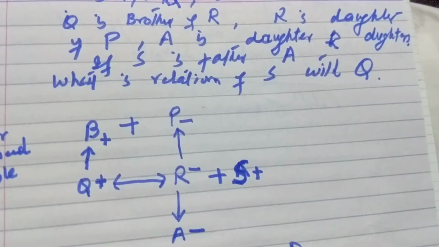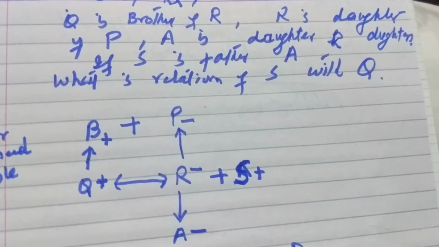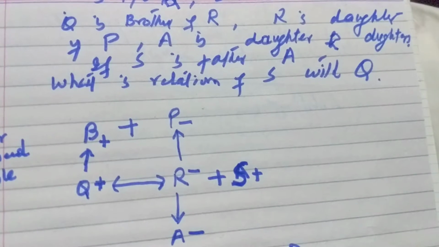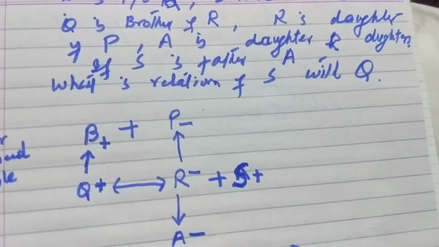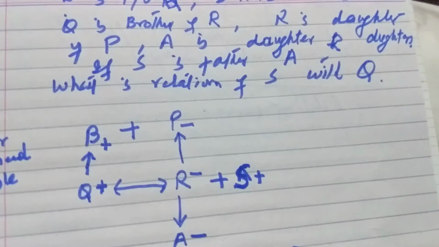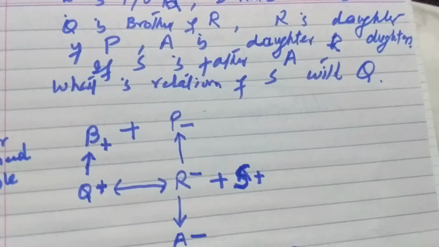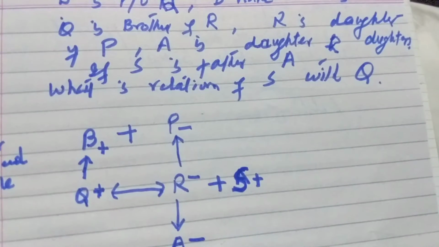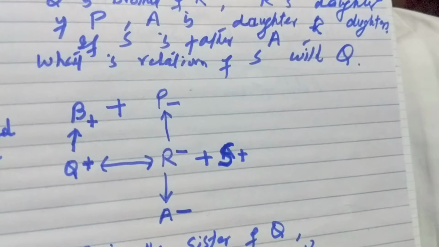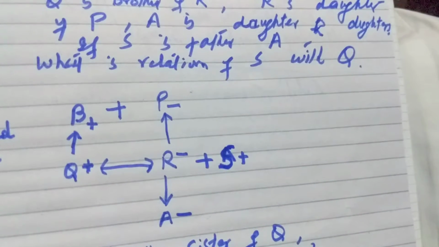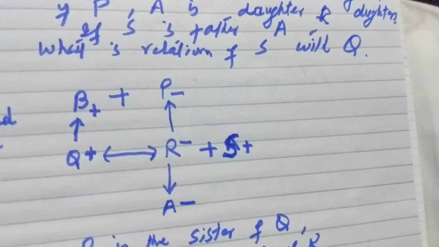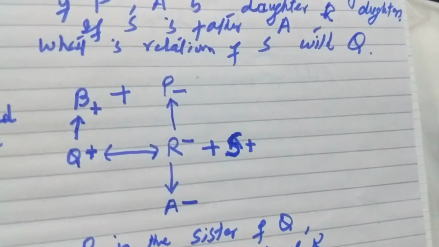So B and Q and R are brother and sister, and B is their father, so P must be their mother. So P will be shown with negative sign with upper arrow. Now A is daughter of R, A with lower arrow, and as A is daughter, so shown with negative sign.